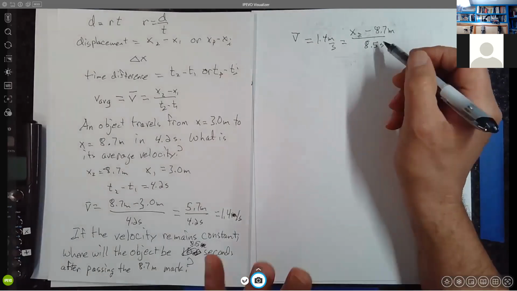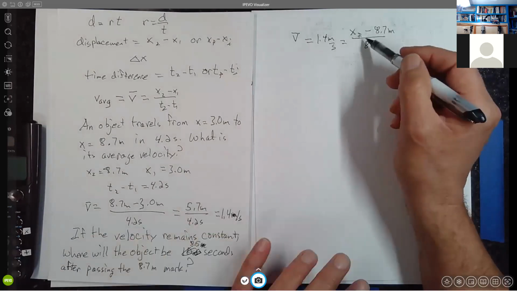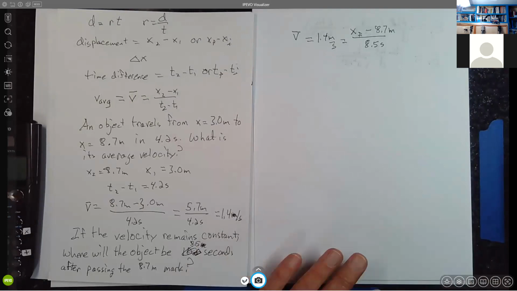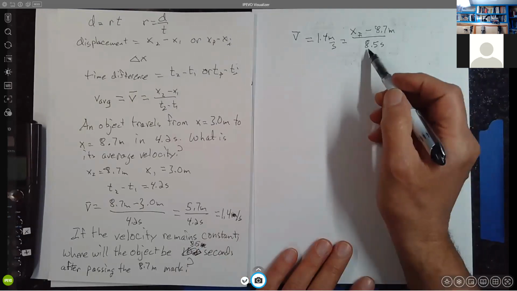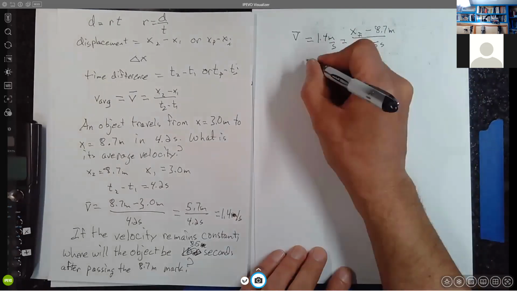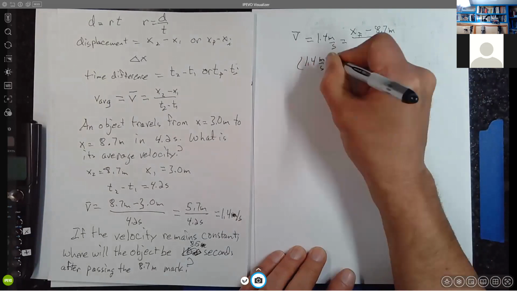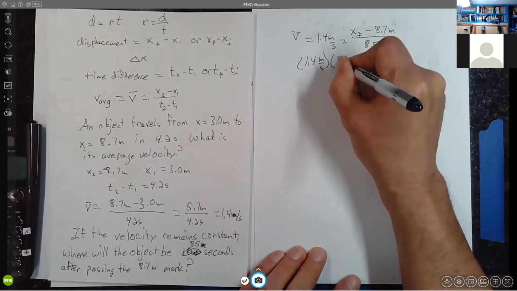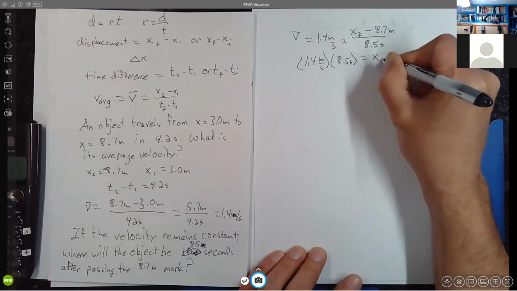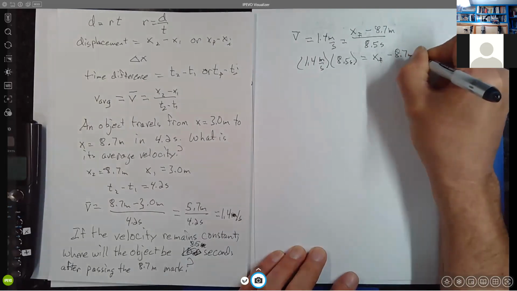And then I'll show you a way that we'll get another equation out of this one that we can sometimes use. So if I multiply out from underneath by 8.5 seconds, I'll have 1.4 meters per second times 8.5 seconds is going to equal my final position minus 8.7 meters.